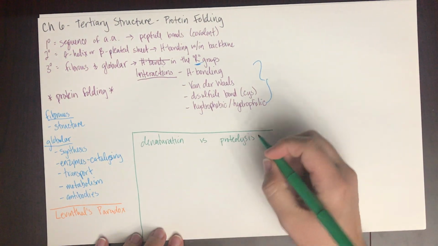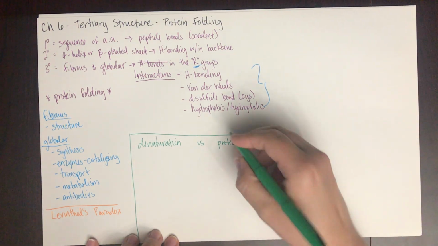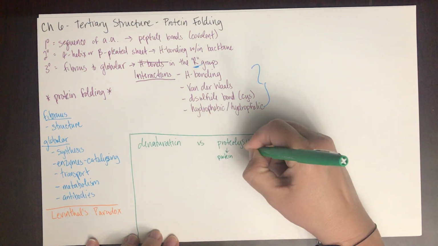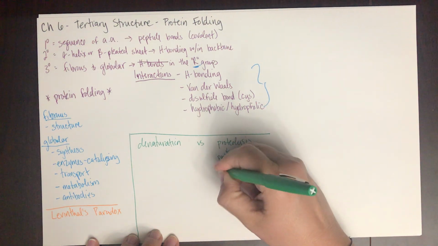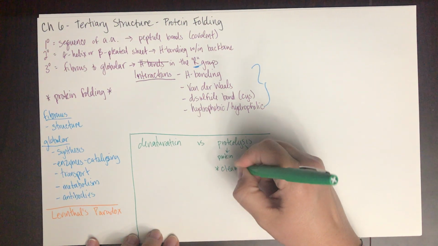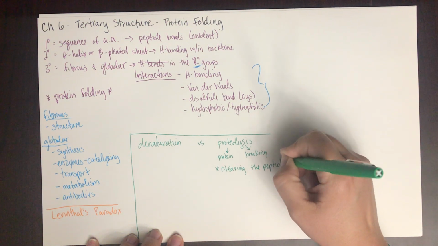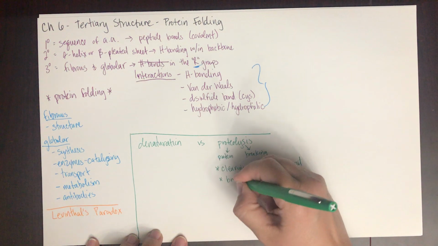So what proteolysis is, again, the name kind of defines what's happening. Proteo means protein. Lysis means breaking. This proteolysis is cleaving the peptide bond. So this would be breaking primary structure.